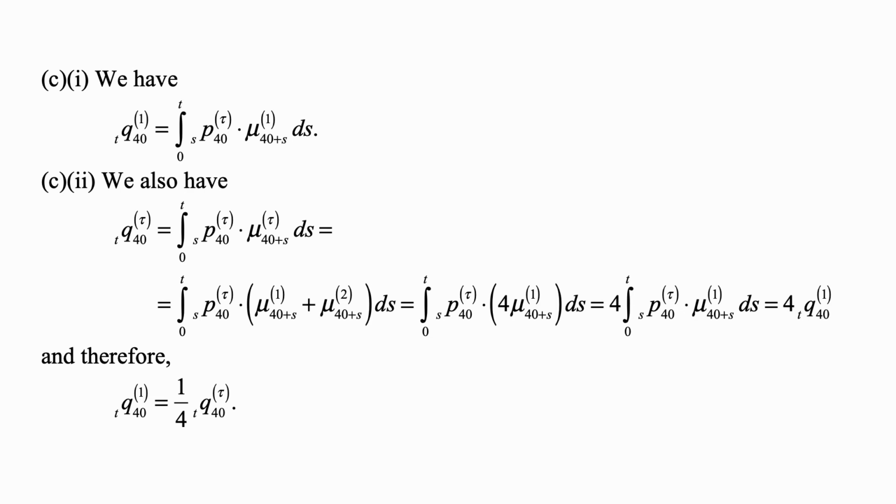And of course, the mu tau is the sum of the two forces, which is 4 times the force due to decrement 1. And therefore, this is equal to 4 times tq41. And therefore, tq41 is 1/4 of tq40 tau.